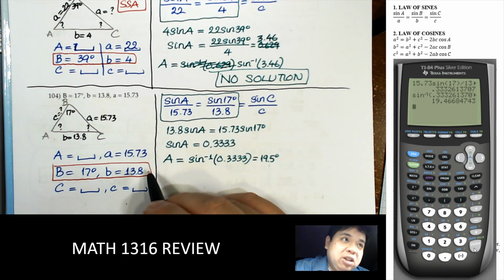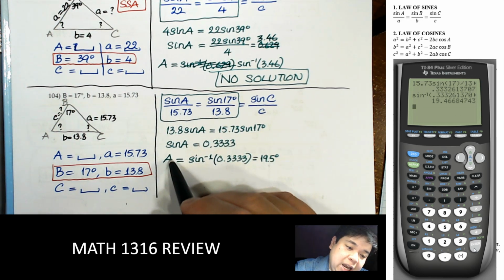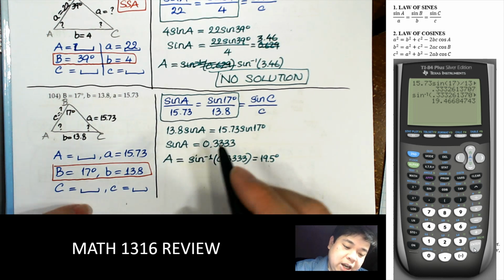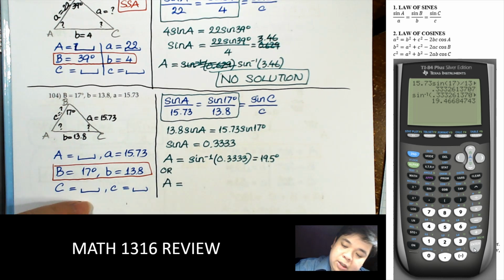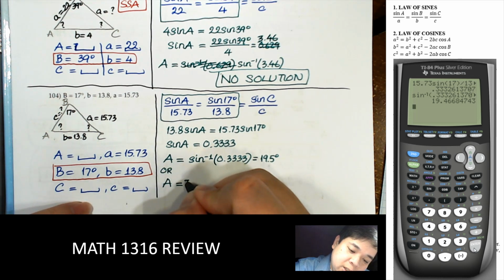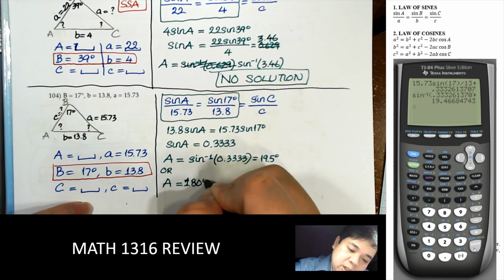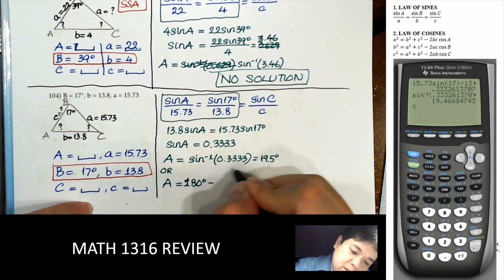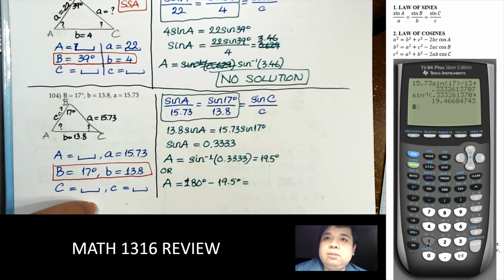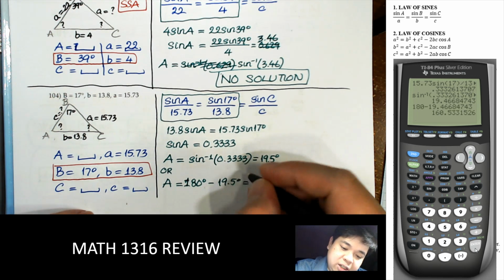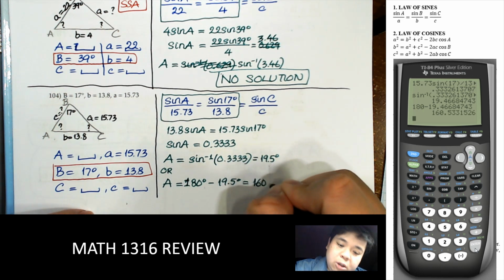But remember, every time we solve for the equation that has sine A, we always have the supplement to it. So the supplement, 180 or pi minus this, 180 minus that, so 160.5.